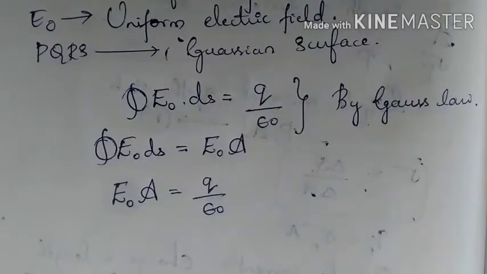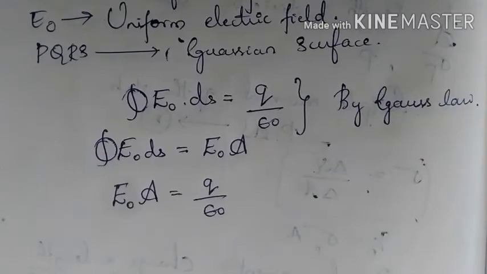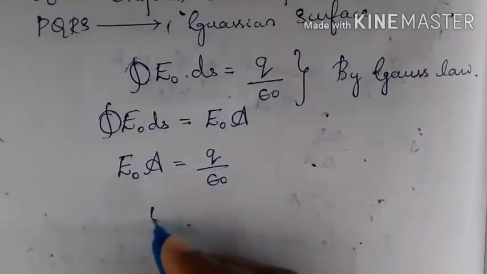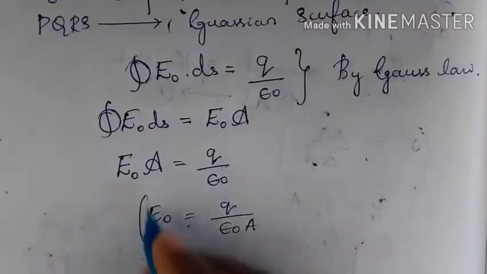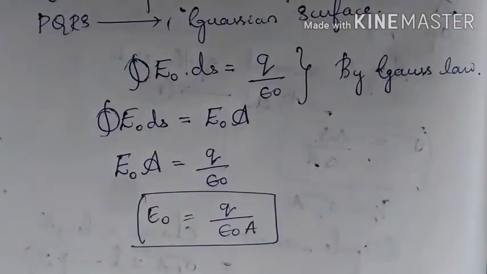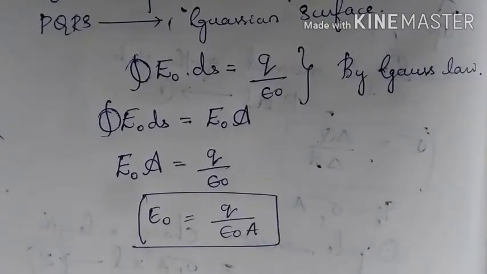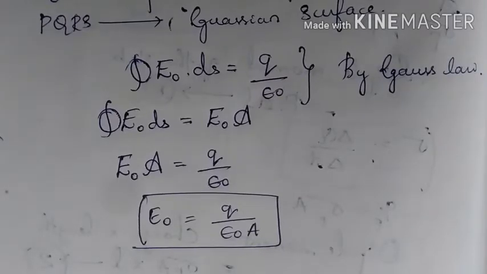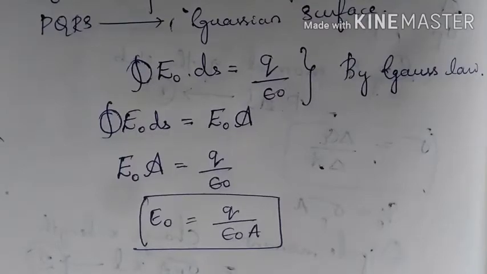So if we need what is the electric field between the two parallel plate capacitor, then I can write E naught is equal to Q by epsilon naught A. Clear? So E naught is equal to Q divided by epsilon naught A. Q here is total charge that is enclosed within the surface, and epsilon naught is the permittivity of free space, and A is area of the plate.